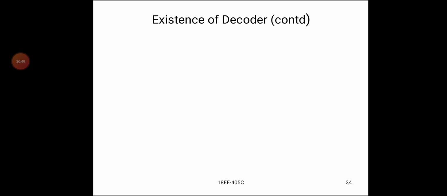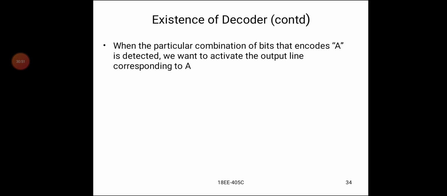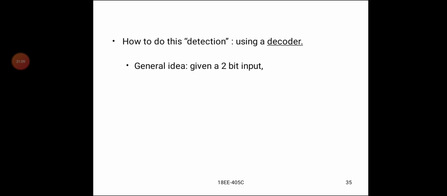The existence of the decoder: when the particular combination of bits that encodes A is detected, you want to activate the output line corresponding to A. How to do this detection using a decoder?